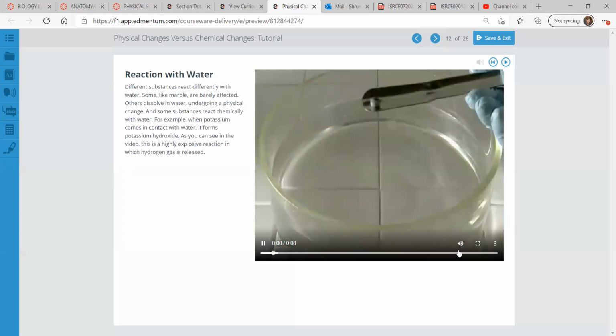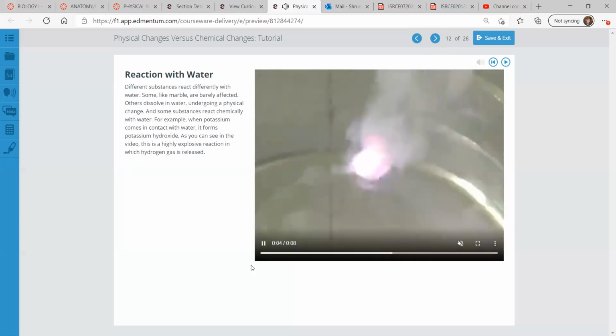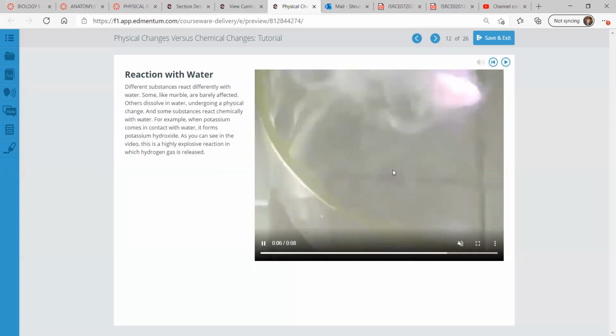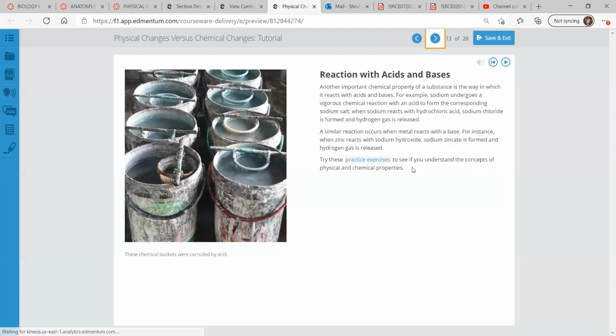So here we go. Whoa. So they just dropped it in, and once it comes into contact with the water, it starts to form that potassium hydroxide. And then you get to see that really explosive reaction.